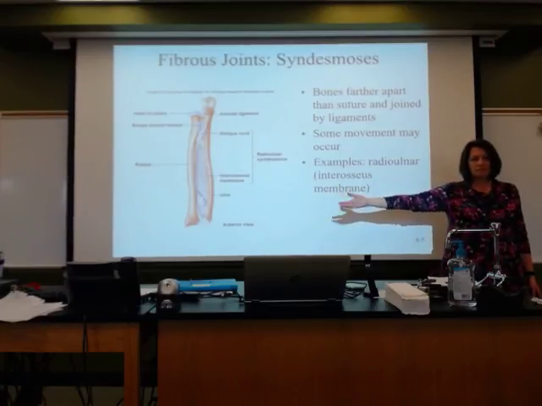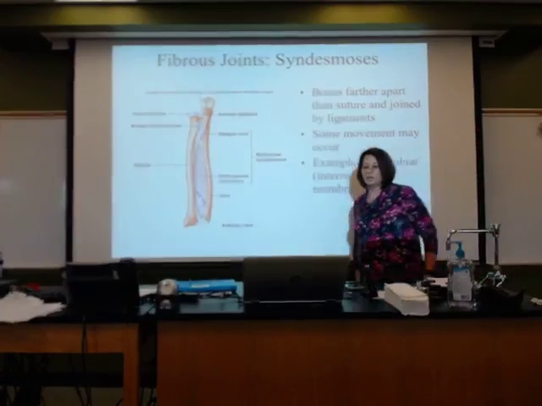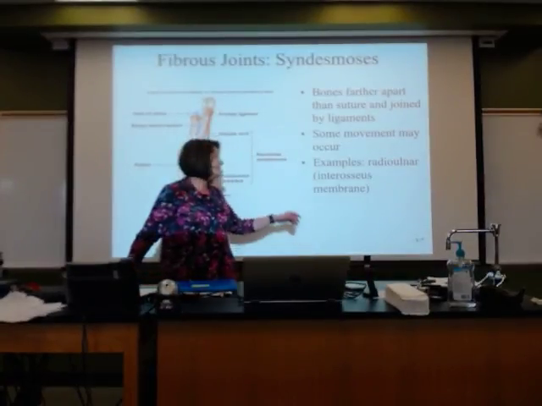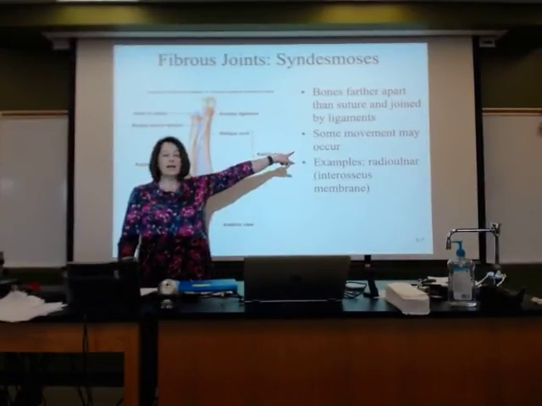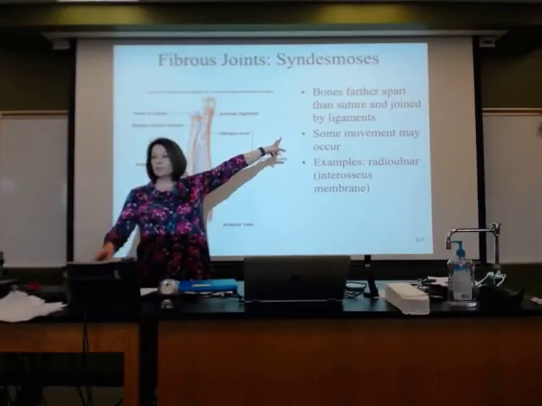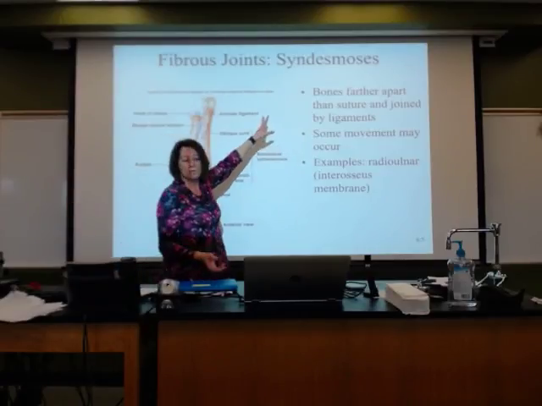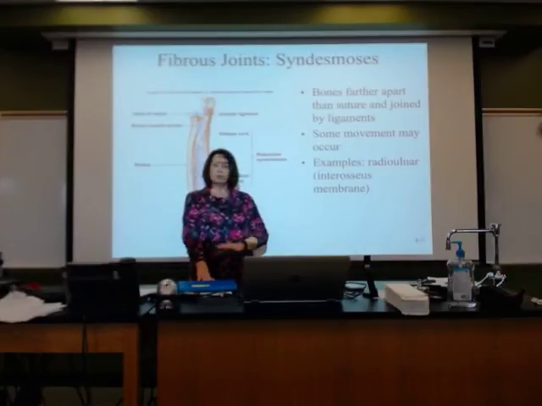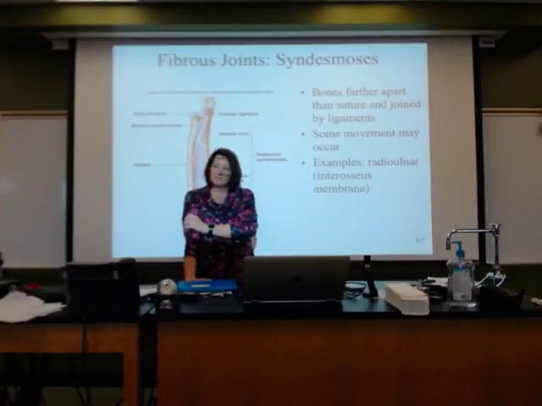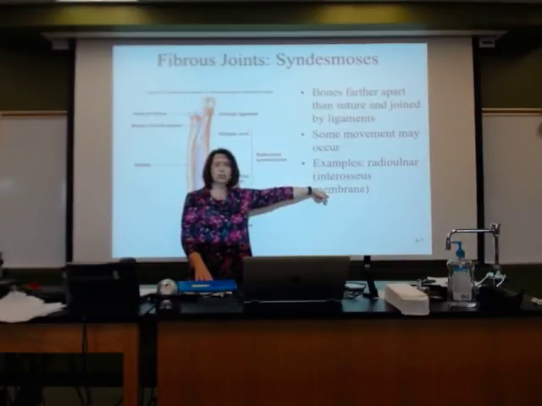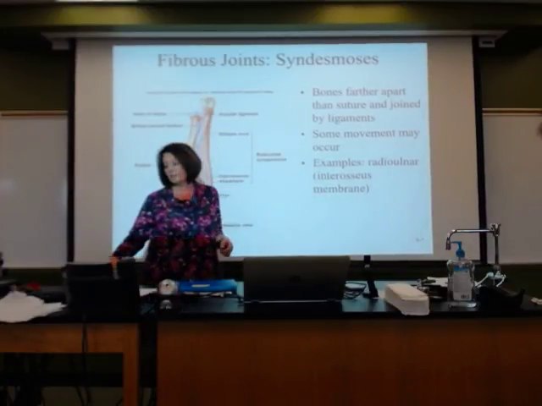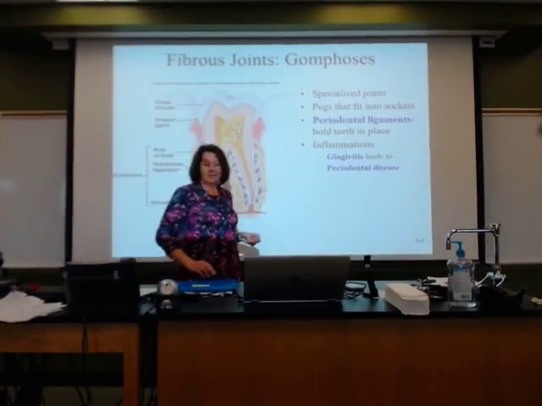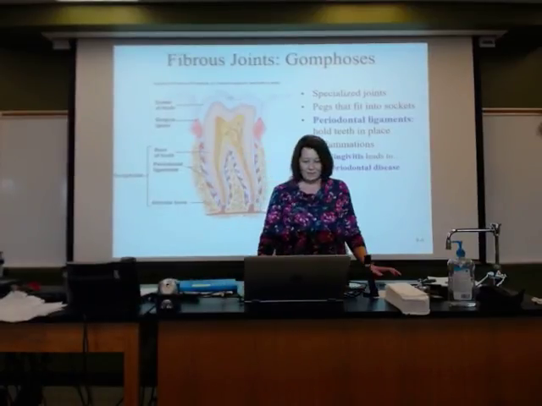If you think about it, we don't find it anywhere else. So the syndesmosis, we're allowing a little bit of movement to take place, but there is a control, okay? And bones are a little bit further apart, therefore needing the membrane that's present. Ha ha! One of my favorites.